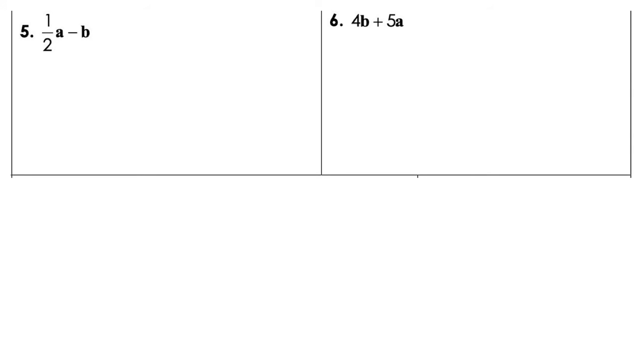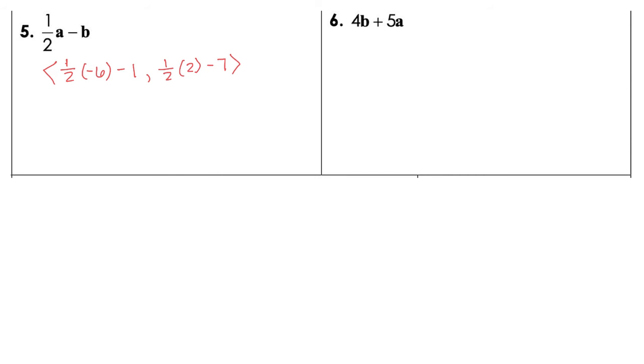All right, now 5 is going to be 1/2 A, so you're going to multiply everything in A by half. And so you're going to have 1/2 times negative 6 minus 1, 1/2 times 2 minus 7.